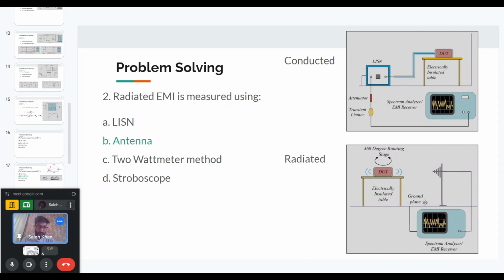Whatever is picked up by the antenna is shown in the spectrum analyzer. It also depends on where you place the antenna, so that is where the volt per meter comes in. Depending on the distance, that distance has to be included in the measurements. So for radiated EMI, it is measured using an antenna.